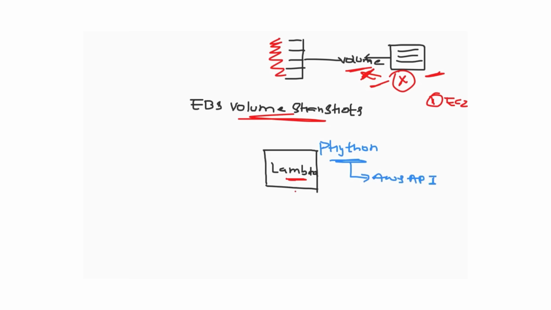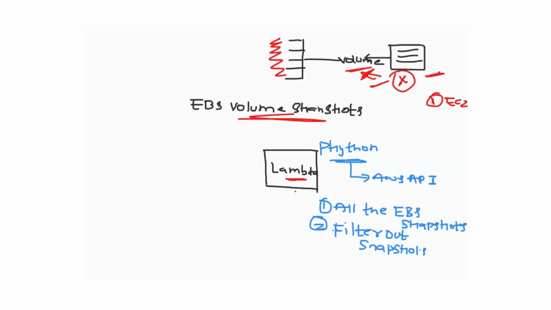Step one would be to fetch all the EBS snapshots. Step two would be to filter out the snapshots that are stale. And once we identify those, we will just proceed and delete the snapshot.